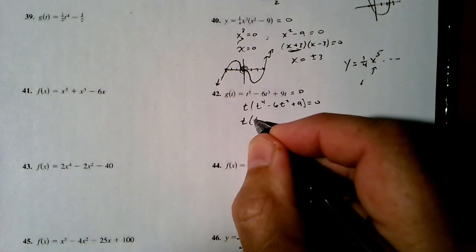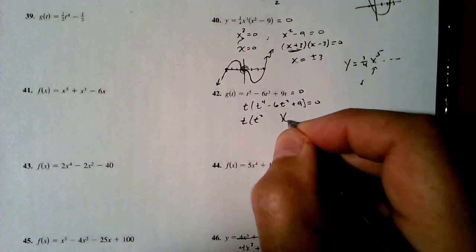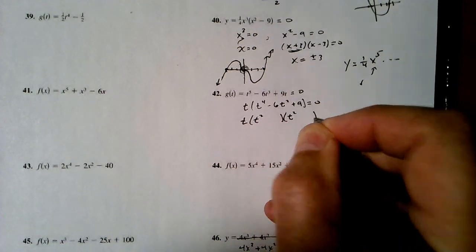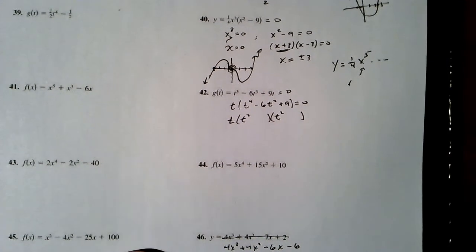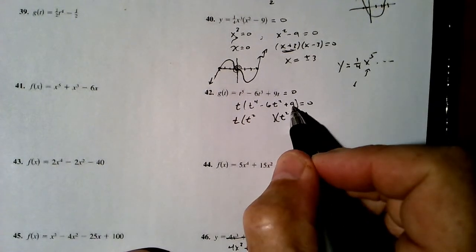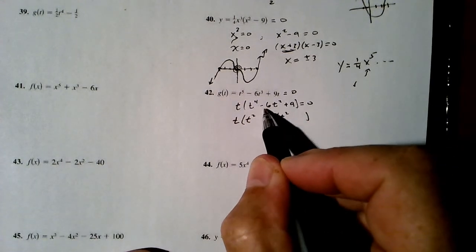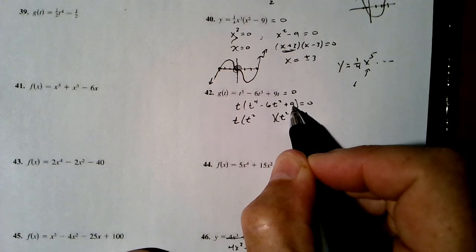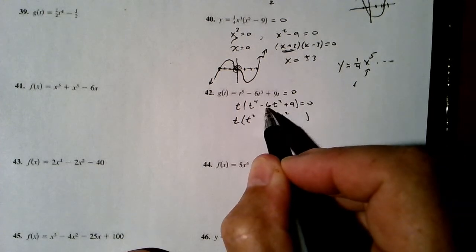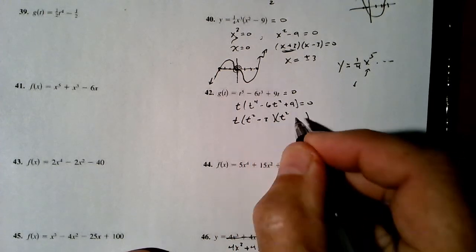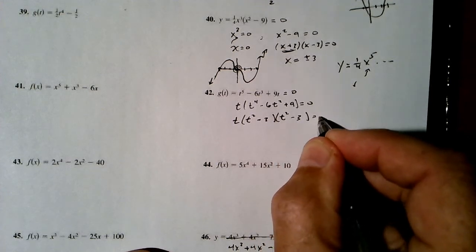So maybe this thing factors into t squared something and t squared something. I need two numbers that multiply to be positive 9 that add up to be negative 6. Well, minus 3 works.